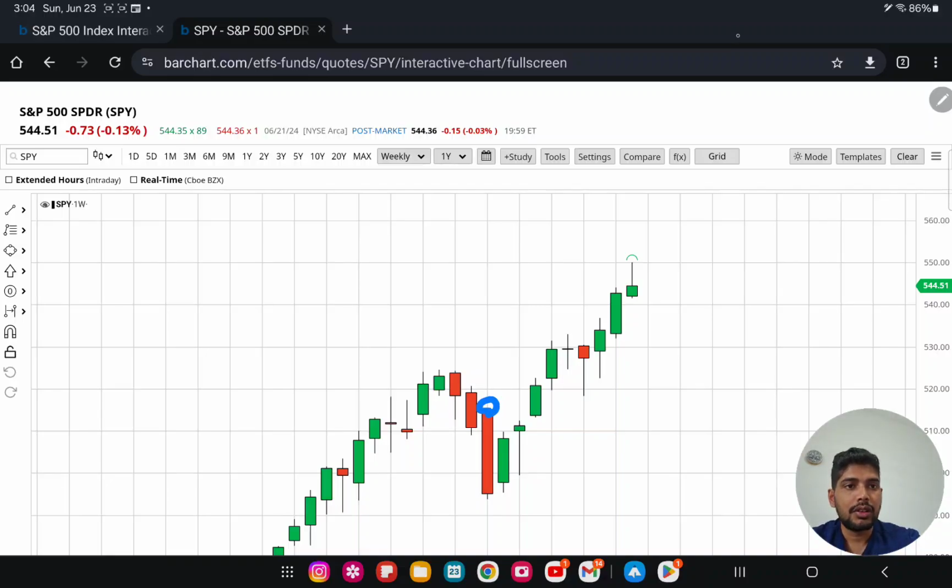That is the idea of not having any wick in that direction, because that means that was the high as well as the open point. So the price did not move any further up on that particular week. The price was just going down, and that is a very big negative candle for that particular week.